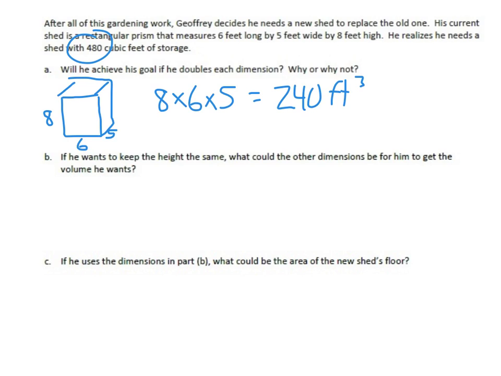So, my dimensions for what I want, I could do 8 by 12, I'll do them side by side, by the 5 deep that I originally had. Those are my dimensions, and then I would get something like this.